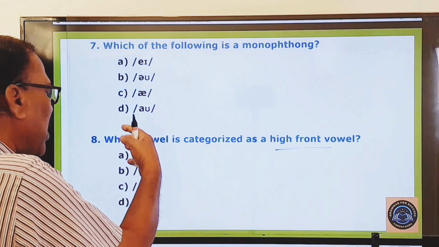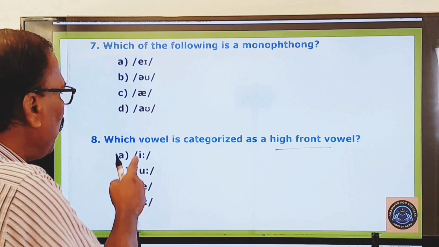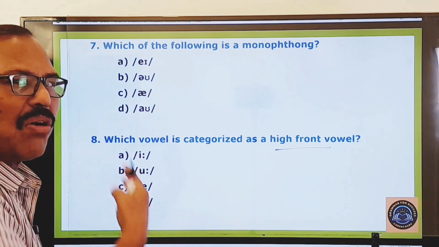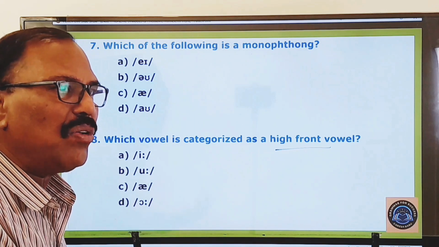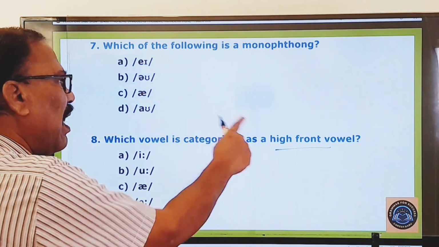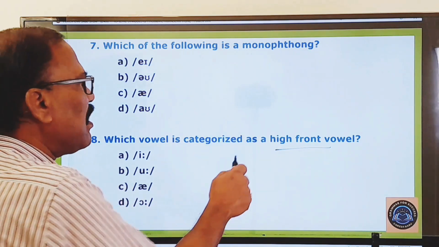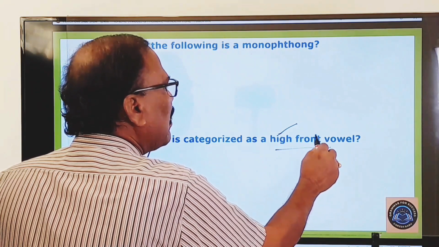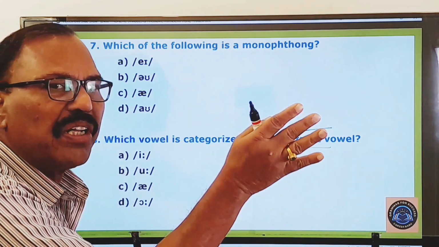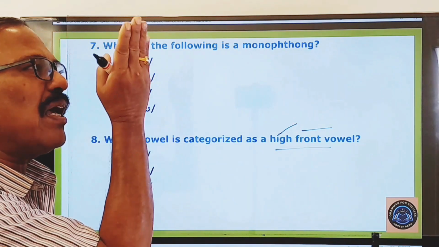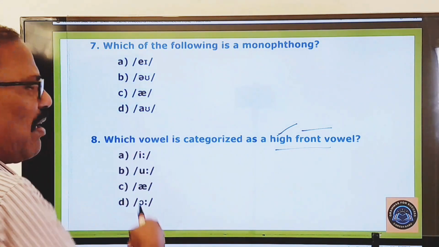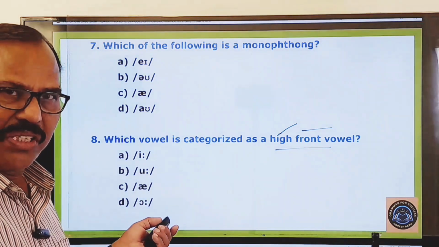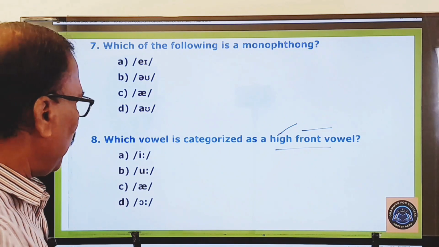When you try to answer this question, you must say these sounds aloud on your own, and then only you have to decide which is a high front vowel. High means the tongue goes high to the palate and it also goes forward in the mouth. Two features must be there in one of these sounds. What is that? You have to choose that.